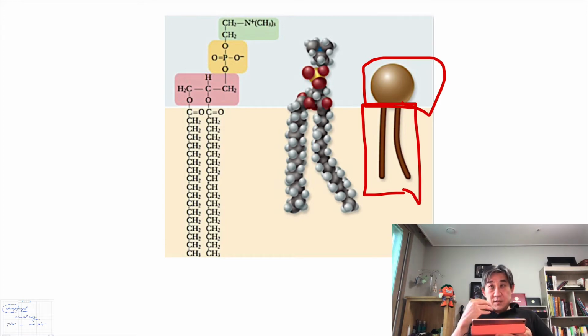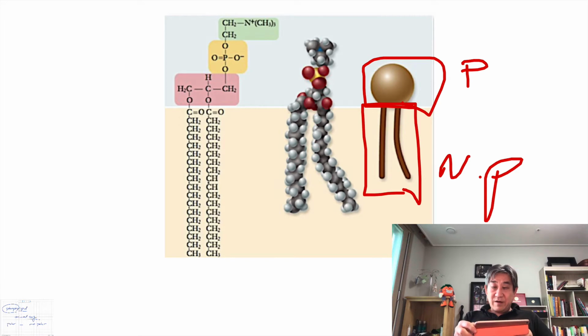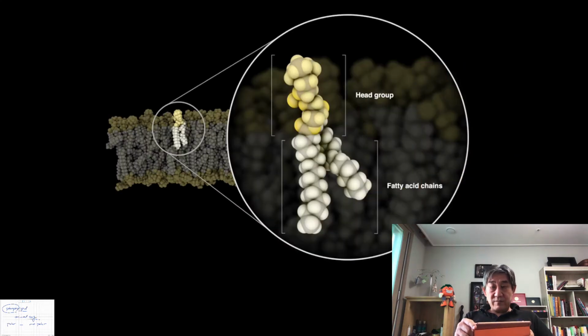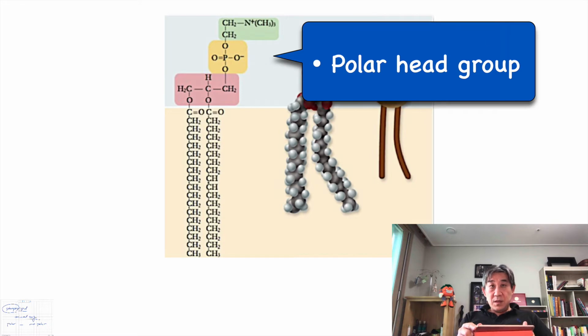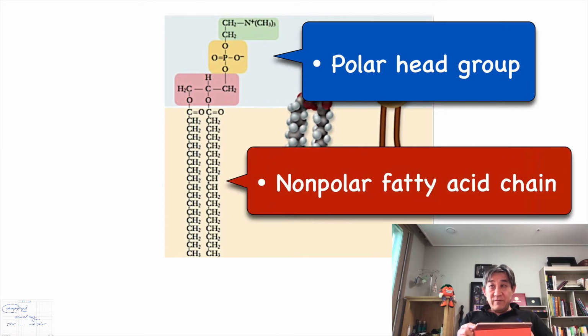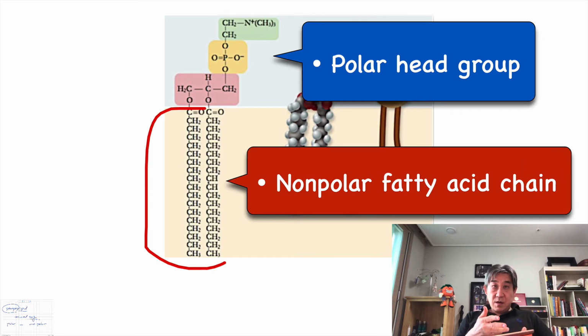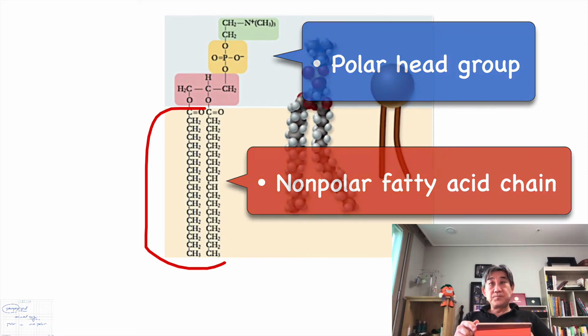So this single molecule has a polar area and a non-polar area, and if you have that, then a very specific unique chemical property will be featured on this molecule. So this is the polar head group versus the non-polar fatty acid chains. This is the area that makes up the fatty acid non-polar part.